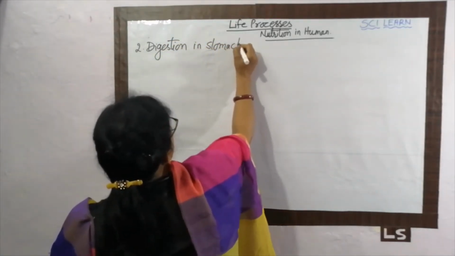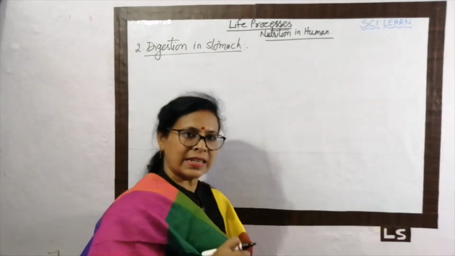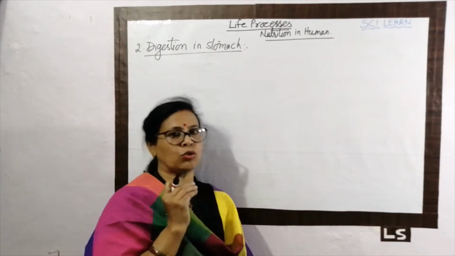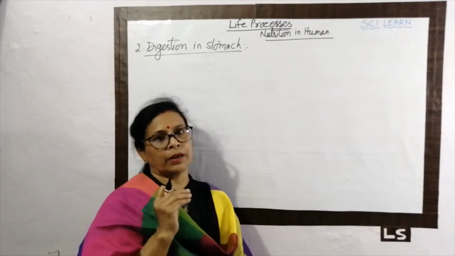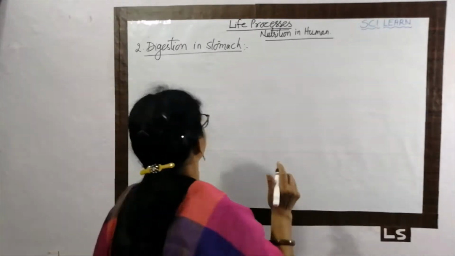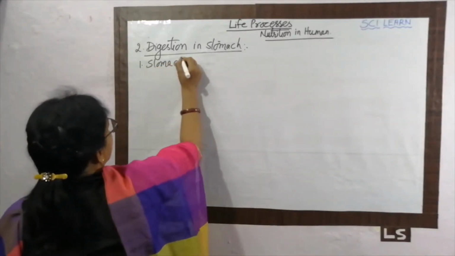Through the oesophagus, the food reaches the stomach. It is slippery because saliva is present in it, and it is cut into small pieces also. Okay, now the next process goes on in the stomach. Our stomach is placed on the left side of the abdomen.